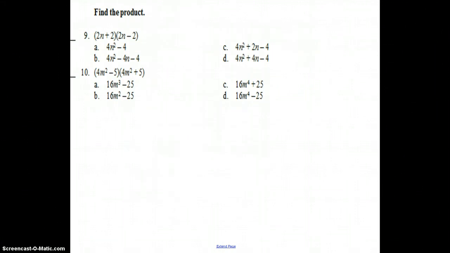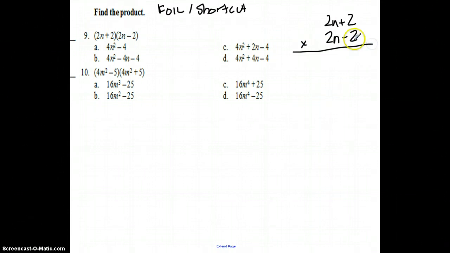Okay, now these, find the product. That means that you're either using FOIL or you're using the shortcut method. Either one. So 2n plus 2 times 2n minus 2. Negative 2 times 2 is negative 4. Negative 2 times 2n is negative 4n.